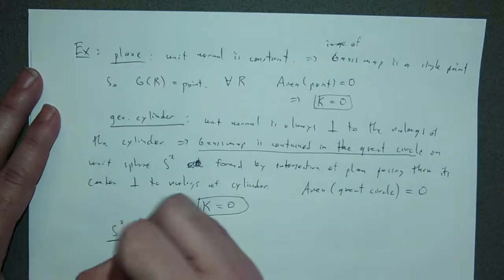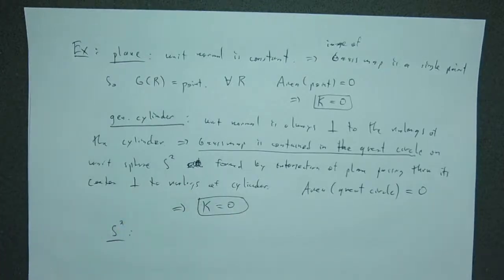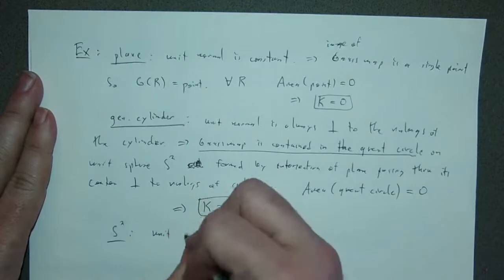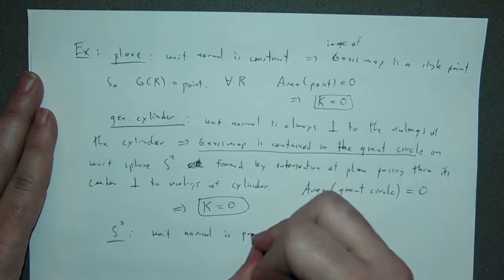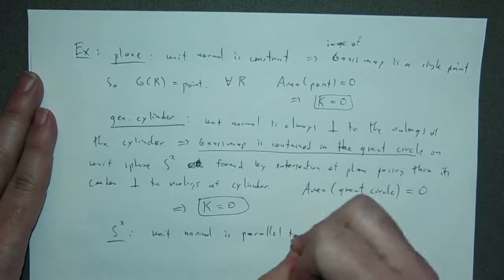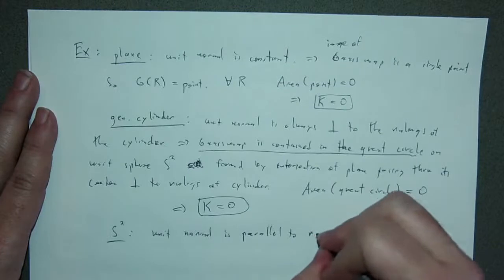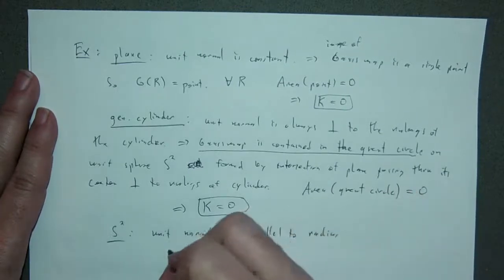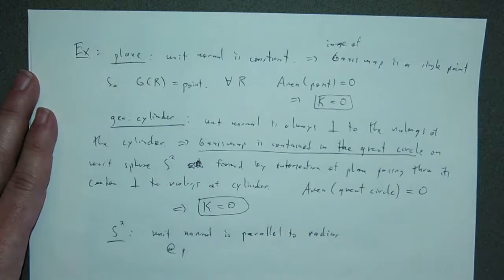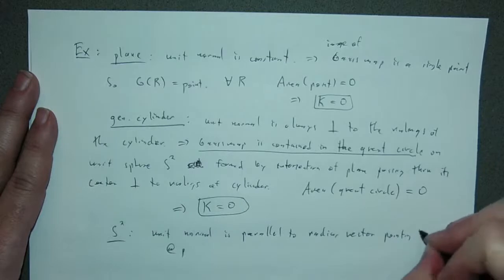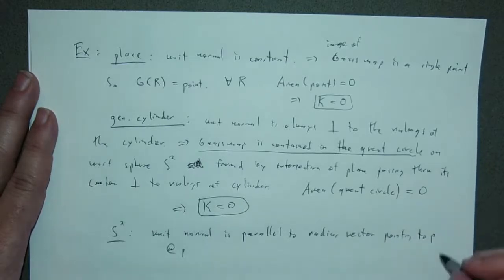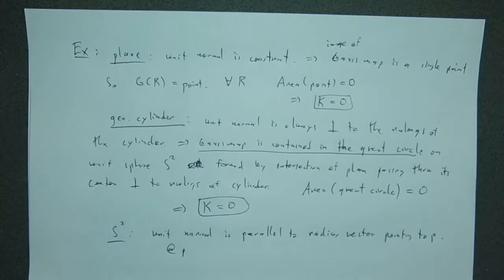Again, no paper needed. You could have reasoned through that in your head. What about the unit sphere S2? Okay, well, unit normal at P is parallel to the radius vector pointing to P. Well, what that tells us is the Gauss map only has two options.